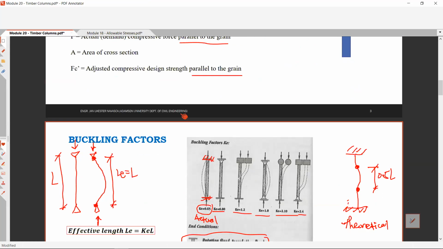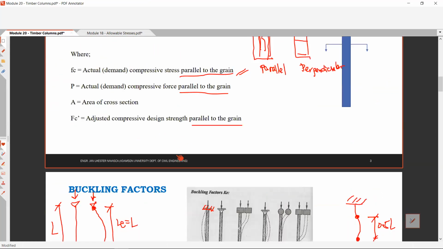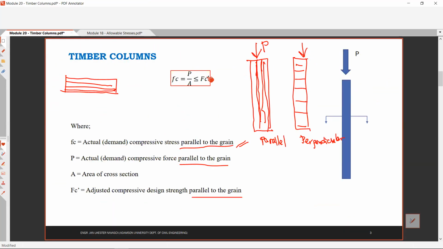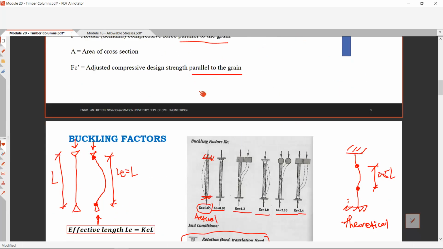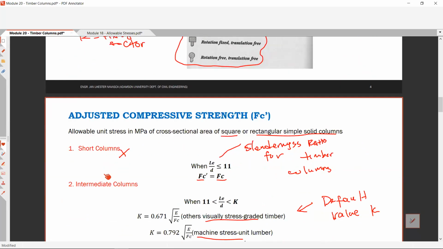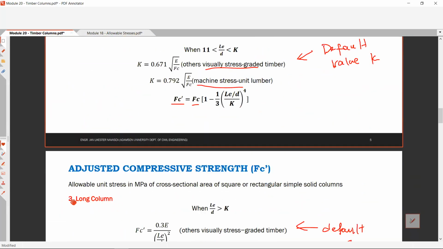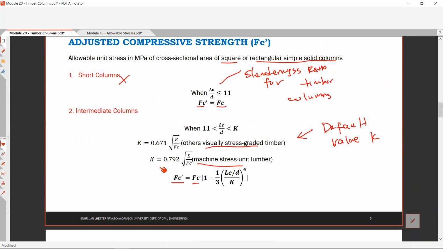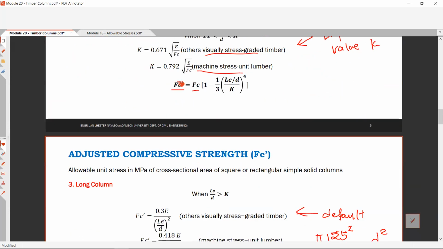Okay, then in order to solve for the value of your FC prime, yung adjusted compressive strength, you will need to determine if your column is short, intermediate, or a long column. So how to determine if your column is short, intermediate, or long?